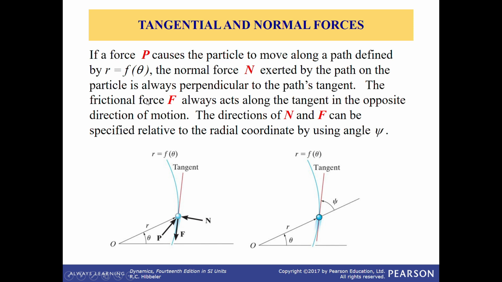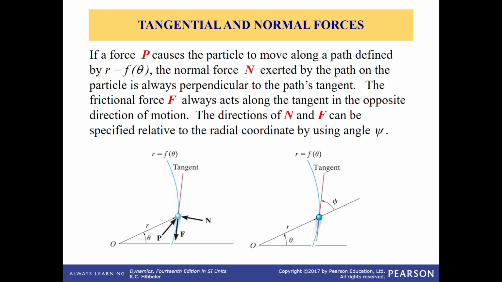The frictional force F always acts along the tangent in the opposite direction of motion. The direction of N and F can be specified relative to the radial coordinates by using angle psi.